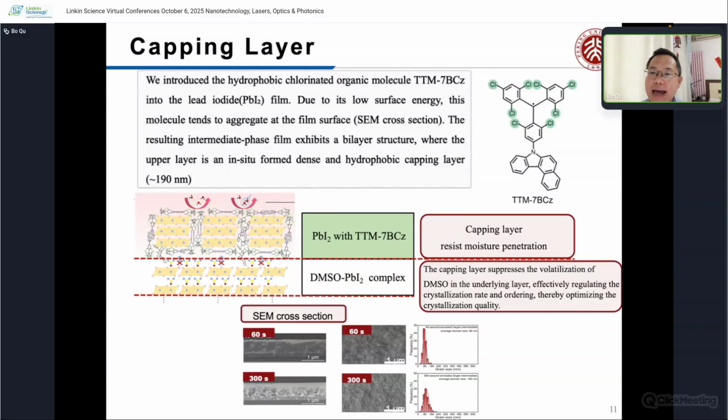On one hand, the capping layer resists the moisture penetration. On the other hand, the capping layer suppresses the volatilization of DMSO in the underlying layer, effectively regulating the crystallization rate and ordering, thereby optimizing the crystallization quality.